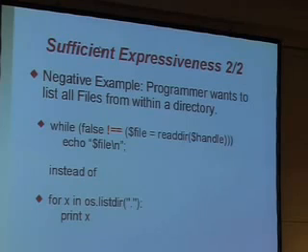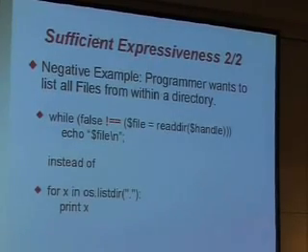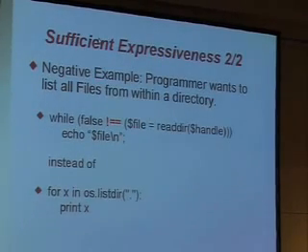Then regarding sufficient expressiveness, another negative example. If you want in PHP to read all the file names from a certain directory, you would do it like this. You would first store it within the while loop in $file, and then you have to compare using a type-aware operator. So PHP has this problem with automatic type conversion.